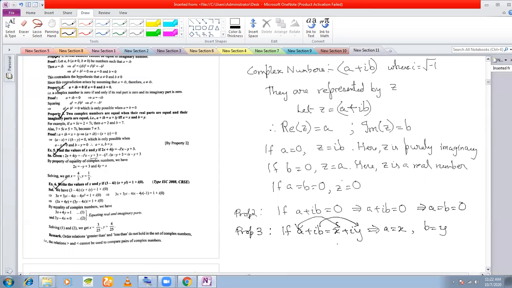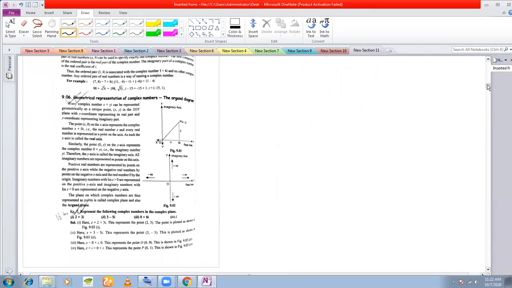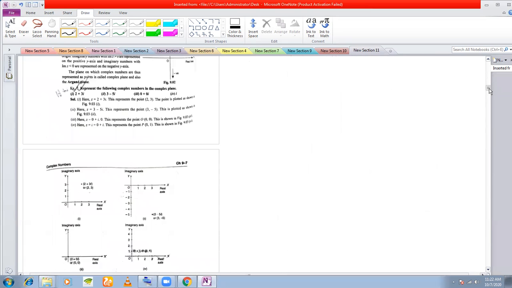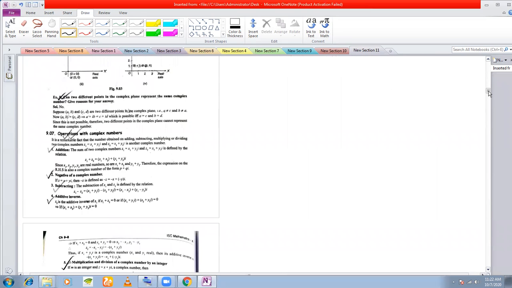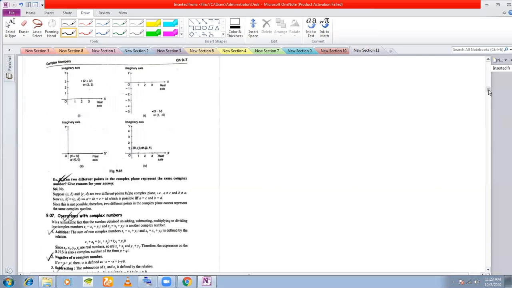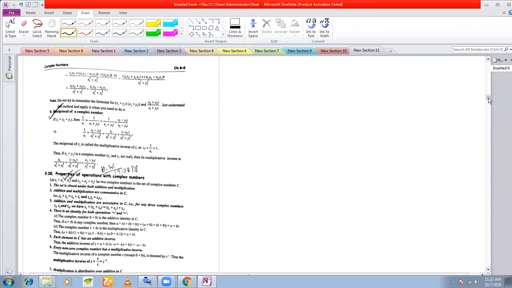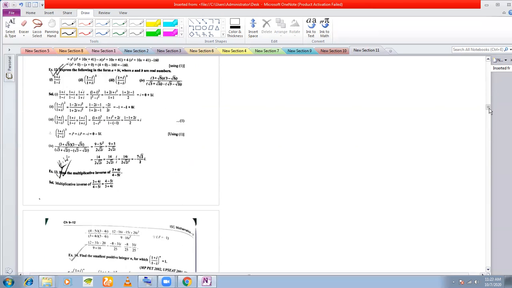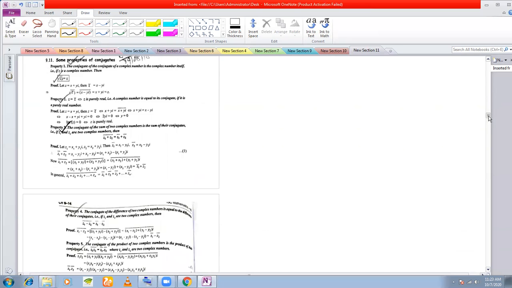So these were some of the properties, and with this idea I shall start some sums, maybe two sums. Argand diagram, I'll do the Argand diagram tomorrow. Let me do one or two sums from your exercise.